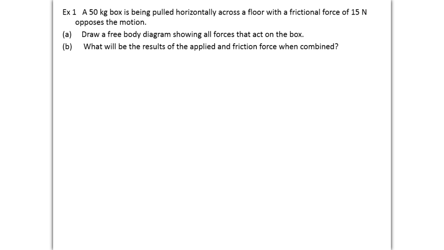Now to begin with, what we can do is draw the box. So for part A, you draw your 50 kilogram box. Now from here, let's draw a free body diagram. We will consider this from the middle of the box. So you have a force of gravity pulling you down, and since the box is not sinking into the table or floor, you have a normal force, and both of them are equal.